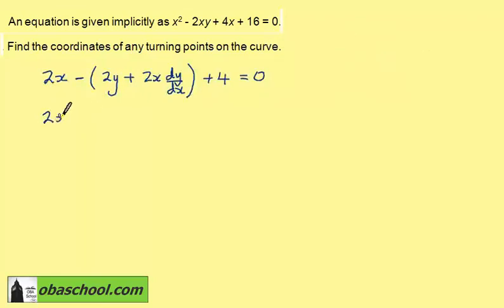So we get 2x minus 2y minus 2x dy/dx plus 4 is equal to 0.